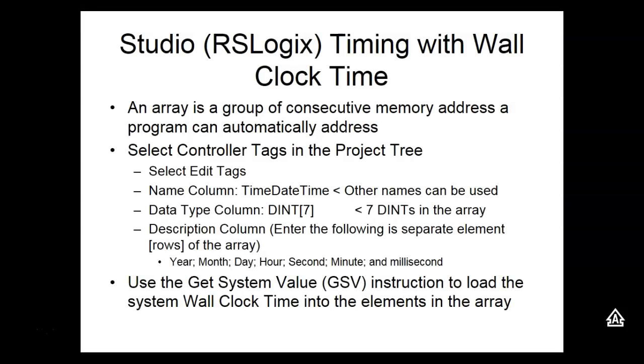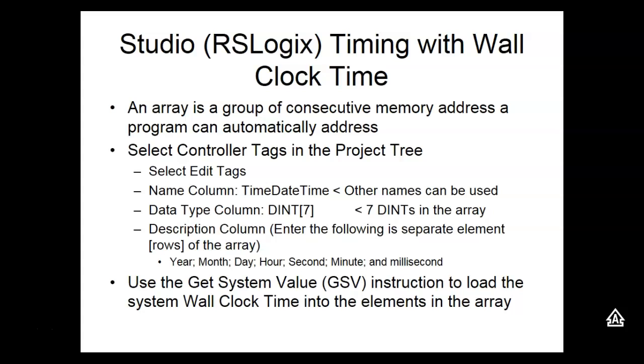So in Studio 5000, or RSLogix 5000, of course, an array, we've talked about an array, everybody okay with that? We'll assign a group of addresses that are very easy. We put like information in them, and we can go through them and address them really easy. Select the controller tags in the project.